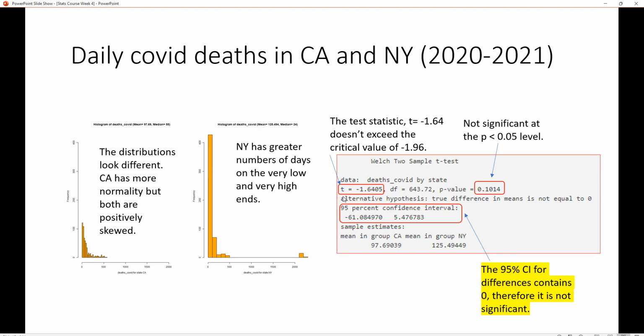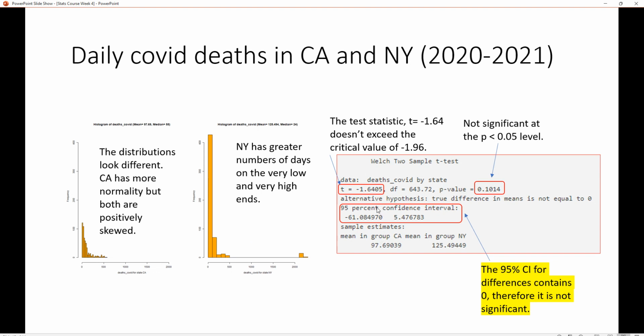So on the right side, we have the statistical output, and we see that the test statistic t equals 1.64 doesn't exceed the critical value of negative 1.96. We have a negative t-statistic value of negative 1.64, and that's just because if we switched it around and compared New York to California rather than California to New York, if we subtracted things in the opposite order, we'd have a positive t-statistic.